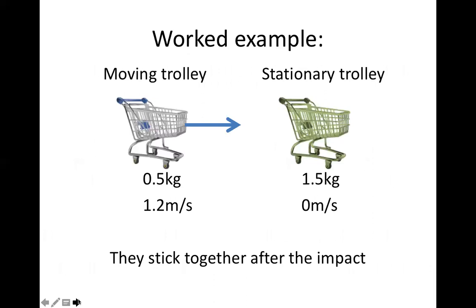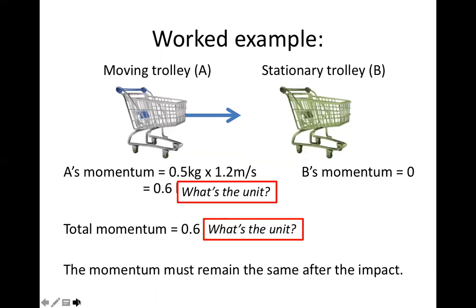Okay, so let's look at this. A moving trolley and a stationary trolley. Stationary means it's not moving lah. The moving trolley is 0.5 kg moving at 1.2 meters per second. The other one is 1.5 kg with 0 meters per second because it's not moving. They stick together after the impact. A's momentum is mass times velocity, 0.5 times 1.2, which is 0.6.